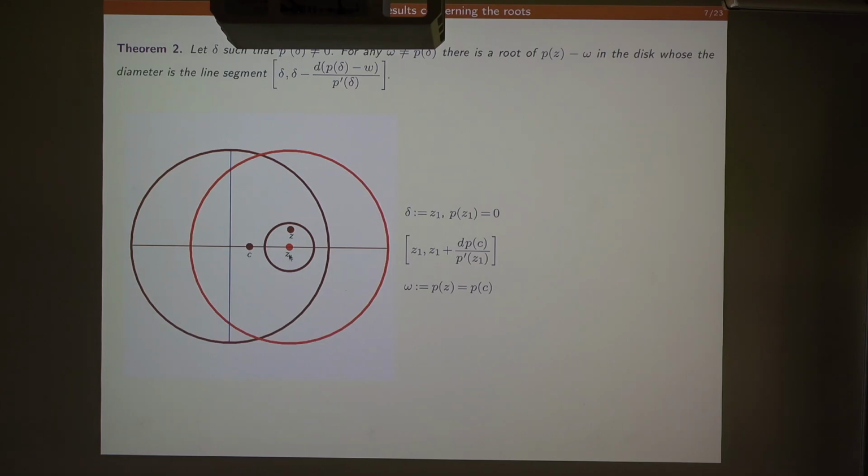C is between 0 and Z1. It's for any omega different the P delta. And I can consider Z between, C is given, between 0 and Z1.